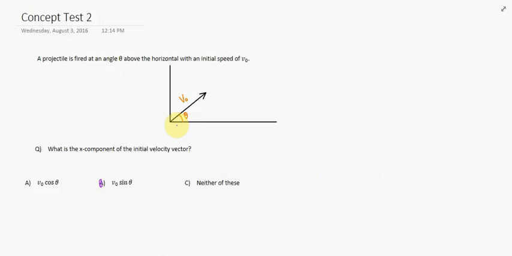Okay, I'm assuming you've given it a go. As we know, it's asking for the horizontal component. The horizontal component that we've just seen is denoted as the velocity in the x direction, and velocity in the x direction is equal to v sub naught times the cosine of theta.